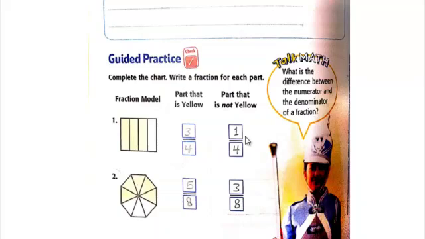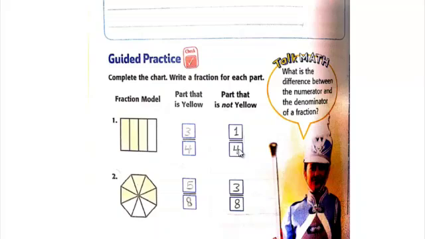Here, the part that is not yellow. You will draw a line like this, and you will write down here 4. 4 parts, total parts. 1, 2, 3, 4.